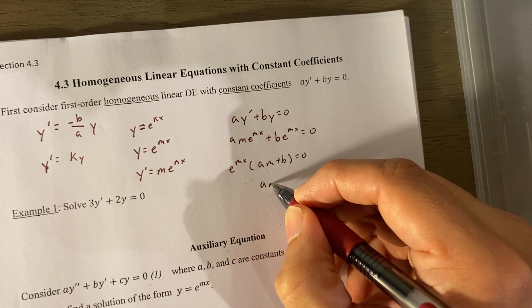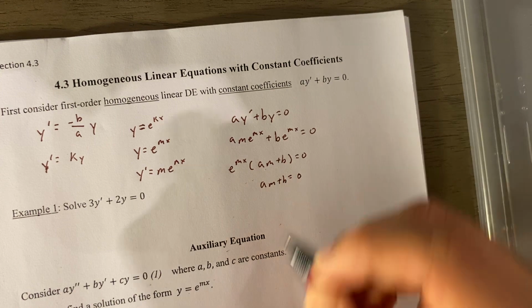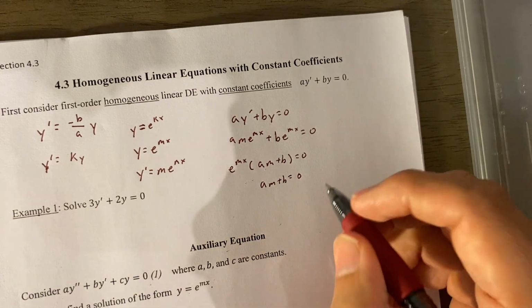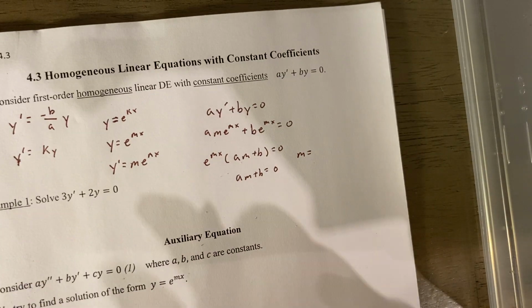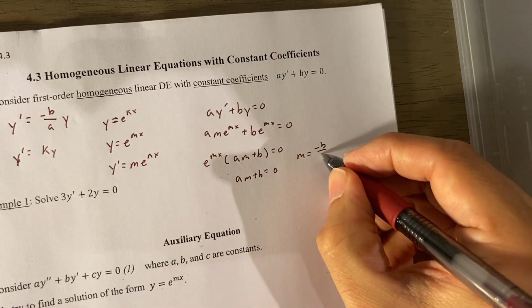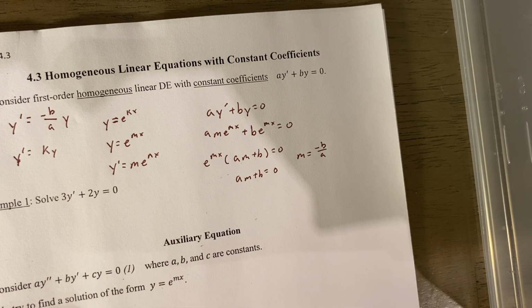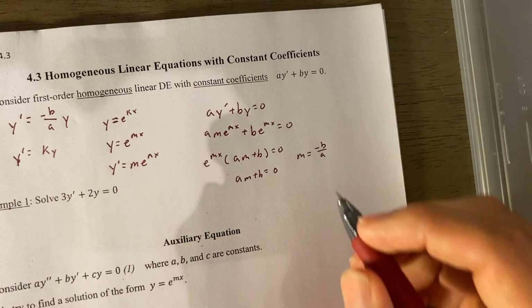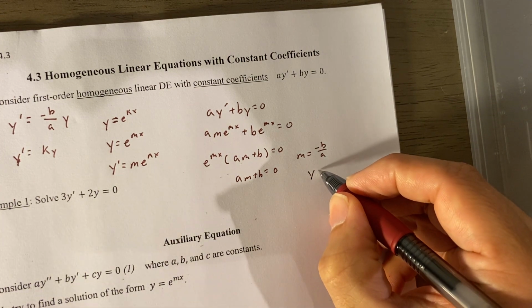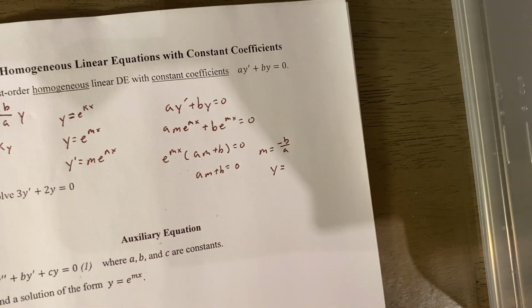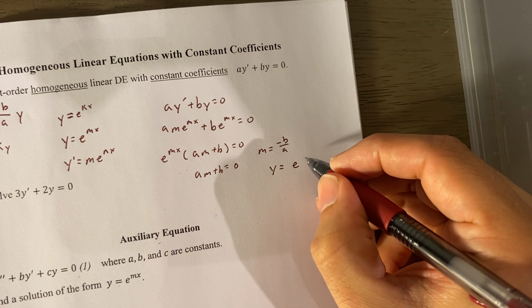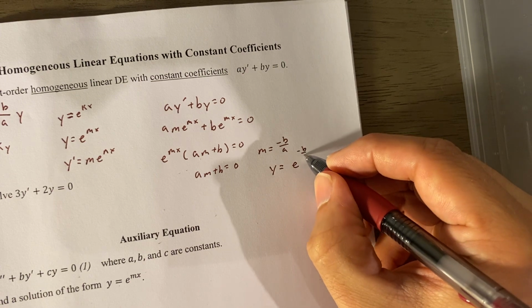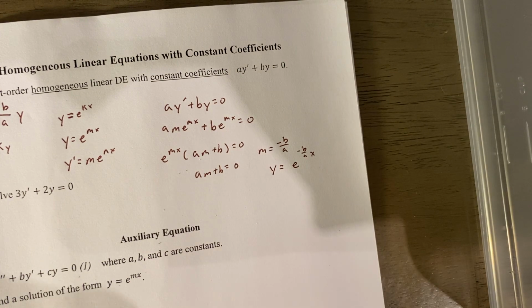So I just set am plus b equal to 0, and I'm able to find my solution. m is equal to negative b over a, and then my solution to the first order differential equation would just be y equals e to whatever m is. In this case, it's e to the negative b over a x, and there's my solution to the first order equation.